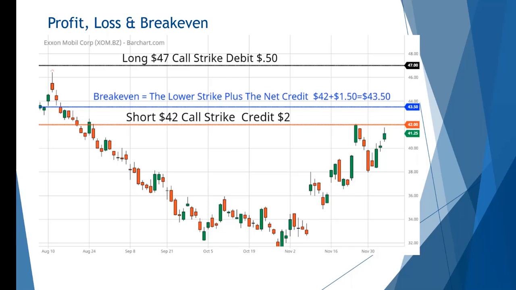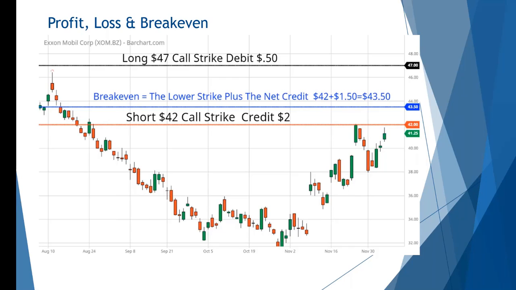Now, we're going to talk about the philosophy of trades in a second here, but there is a scenario where I could still create profit where the price of the stock does not go below my lower strike. In that scenario, let's say that the price of the stock is somewhere between that lower strike and my break-even point at the time of expiration.